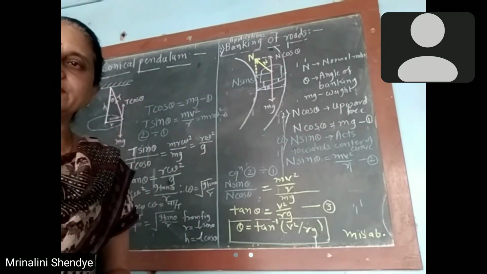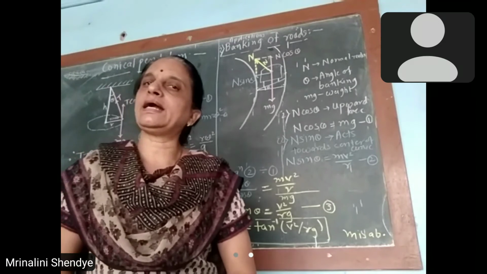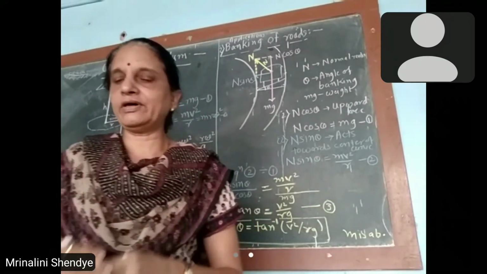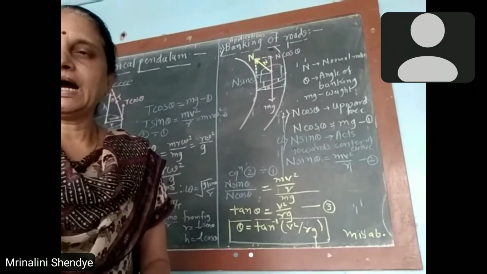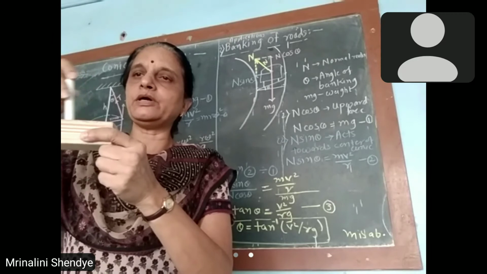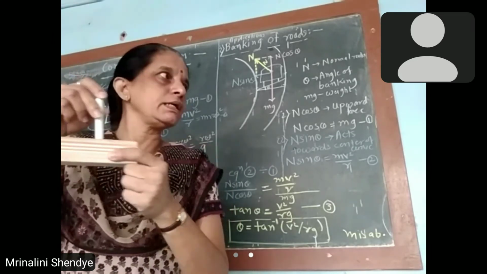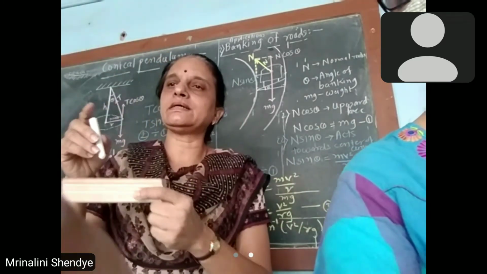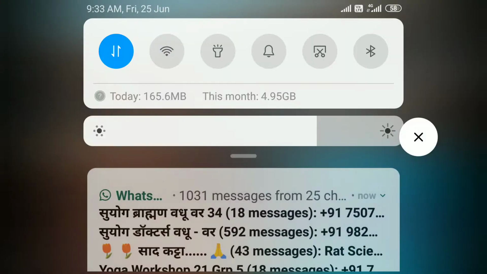In the 11th standard, you also know that the frictional force is there whenever any two bodies are in contact with each other. So suppose these two bodies are in contact with each other, then we can see that there exists a force which is called the frictional force.